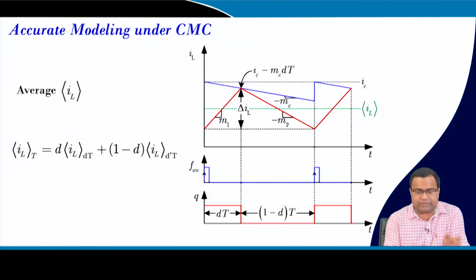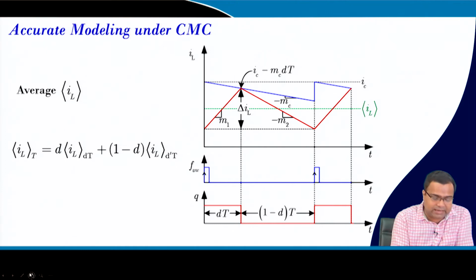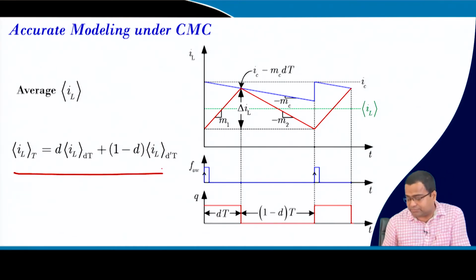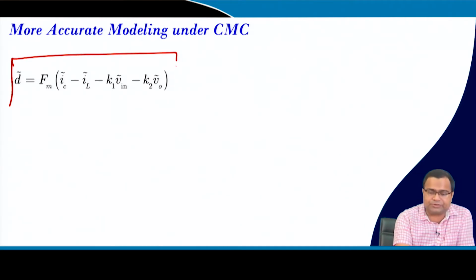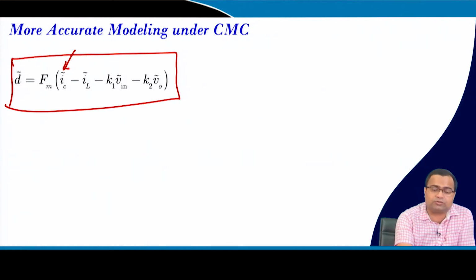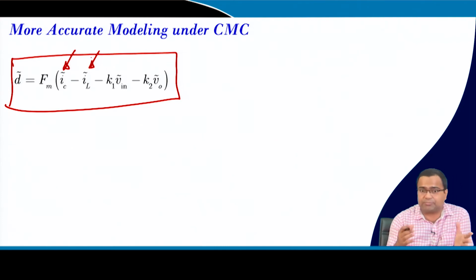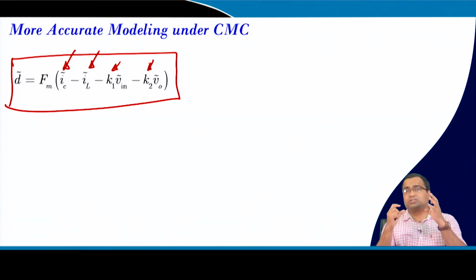We used this method in the previous lecture, and by this averaging technique we have also discussed how to derive the small signal model, and particularly how to derive the duty ratio perturbation in terms of the control voltage, control current, and the average inductor current perturbation. Then these two are the gains which come due to the perturbation of the slope.